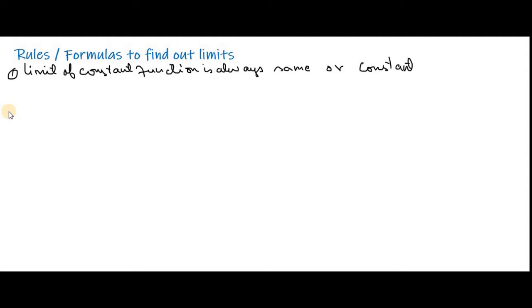So mathematically we can write it as limit x approaches a, f of c is equal to c.